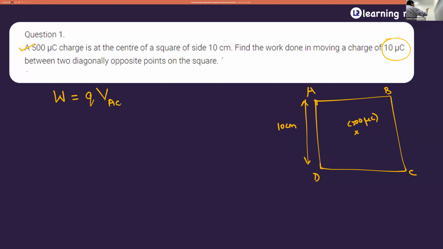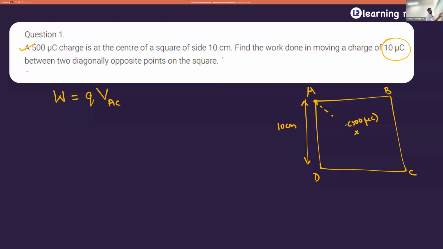So in this question, what you need to understand is the first charge, 500 microcoulomb, is acting like a source charge. Due to the source charge, there will be a potential developed at point A and at point C. Am I right?